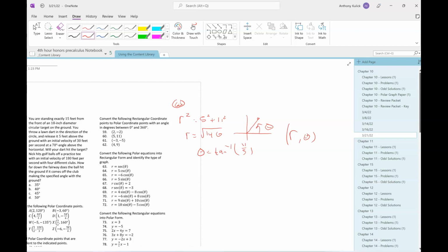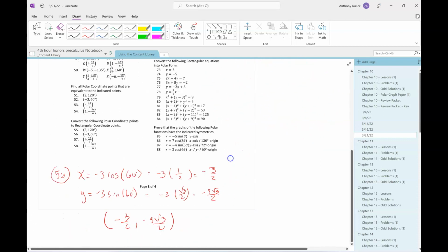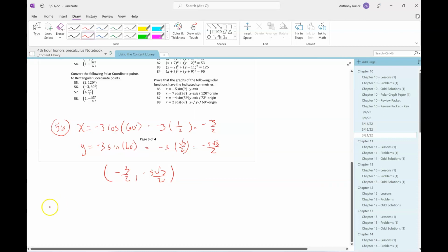Okay. Mackenzie? 58. Sure. I mean, it's the same thing. Just turn your calculator into radian mode, and it'll just take care of itself.